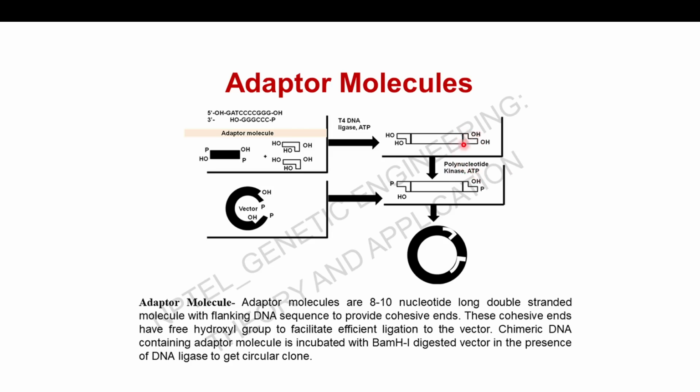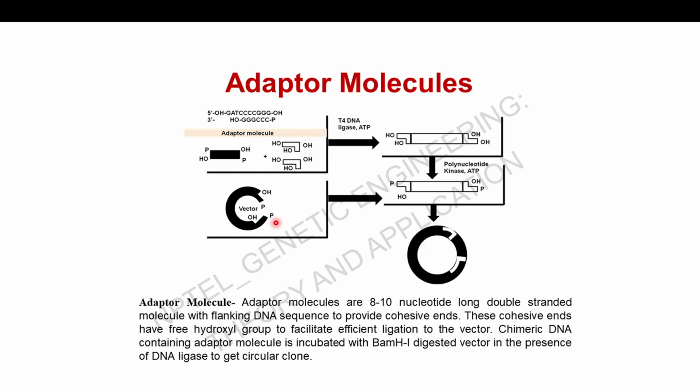So then you expose this ligated fragment to kinase treatment, and what kinase does is it adds phosphate residues at these overhangs. This is your insert, thereby creating an insert having the proper overhangs.